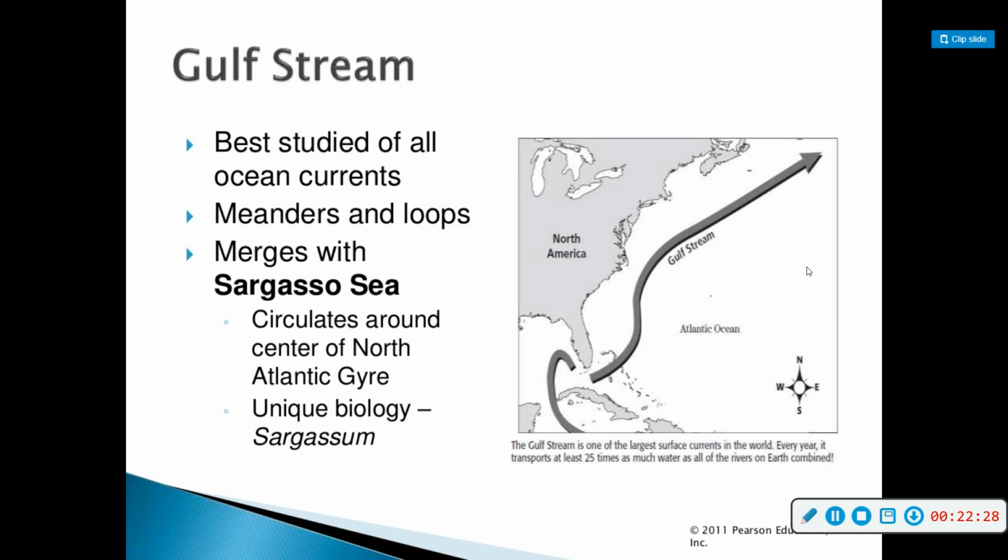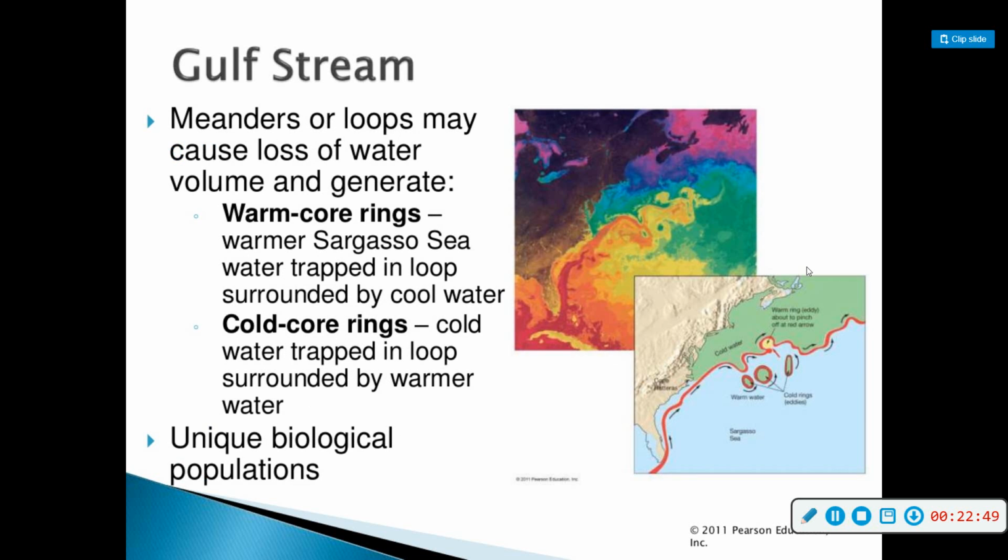It meanders and loops. It merges with the Sargasso Sea, which circulates around the center of the North Atlantic gyre. Its unique biology is sargassum, a big pile of seaweed in the middle of the ocean that is very important to marine life and reproduction and all this other good stuff. We'll get into it later. So the Gulf Stream meanders through loops.